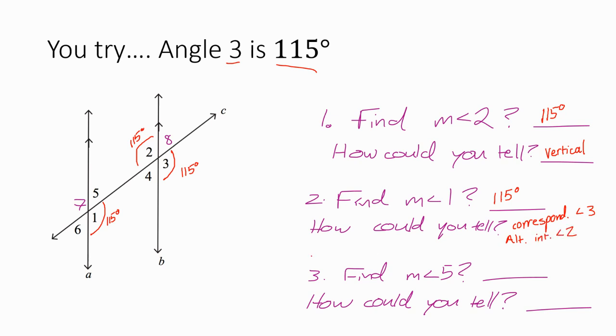And again, those are partners that are going to match. Now find angle 5. You should have said that angle 5 is 65 degrees. How could you tell? Well, now we could tell because it's supplementary with angle 1.